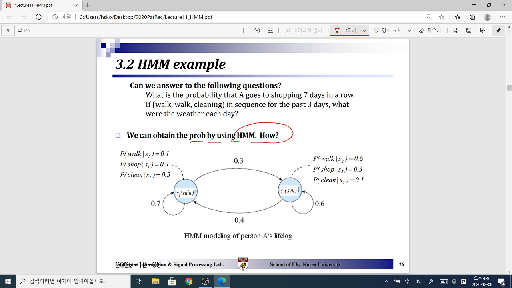The HMM model, say theta, consists of A, B, and pi. So we're going to answer these two questions: number one, the probability that this person goes shopping 7 days in a row, and number two, given the observation sequence for 3 days, what was the weather for each day?